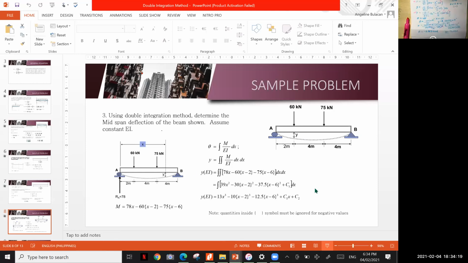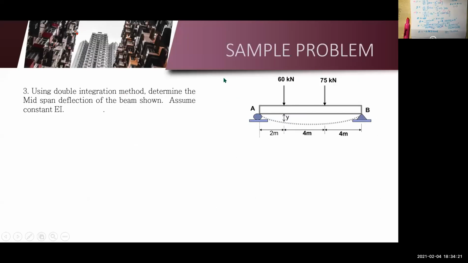Now, how do we know kapag nahahati sa segment? Titingnan nyo lang yung beam. Kapag may concentrated load kasi, ibig sabihin, nahati niya yung beam. So ito yung unang segment. Nahati niya dahil may concentrated load. Ito yung pangalawang segment. Then ito yung pangatlong segment.